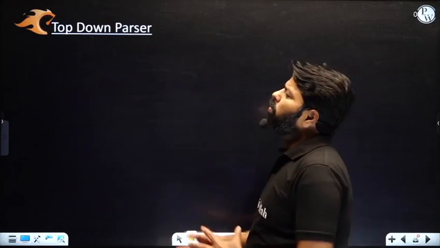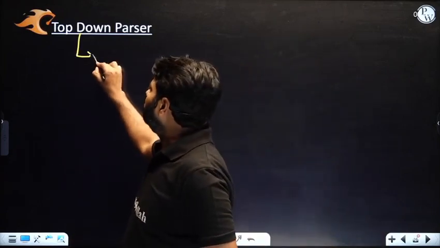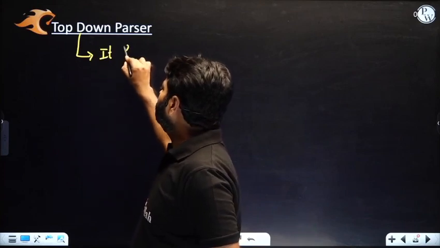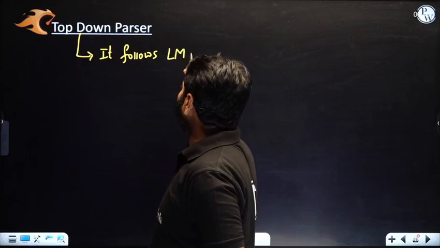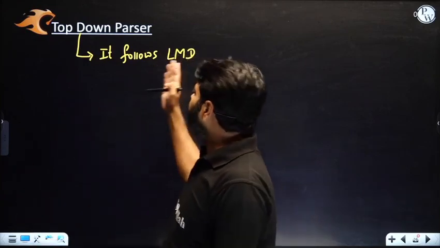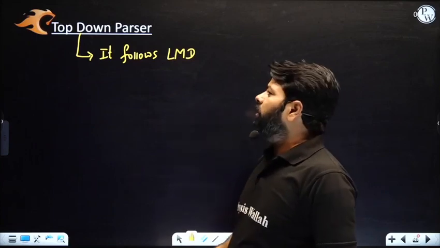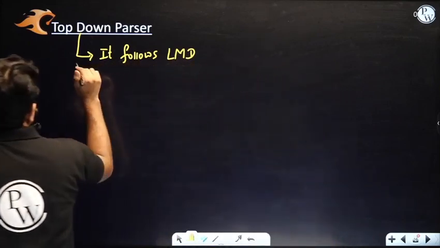First, let me help you. What is a top-down parser? A top-down parser follows leftmost derivation. It uses leftmost derivation to derive the string. And among top-down parsers, we have many types.